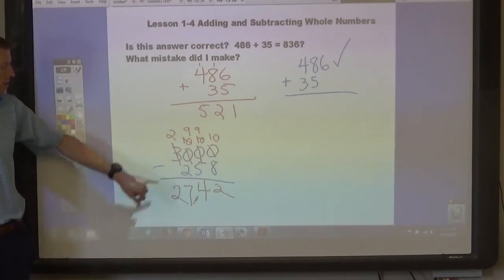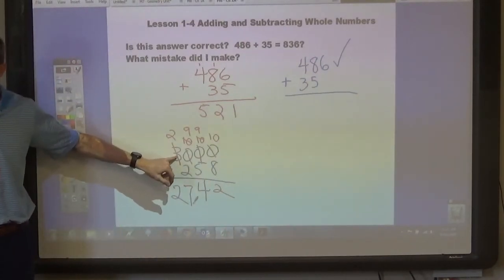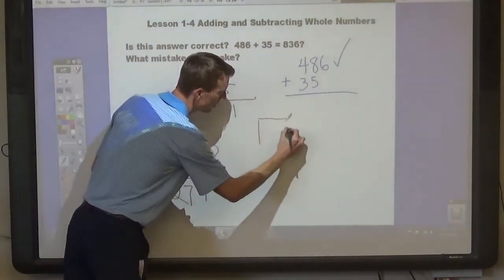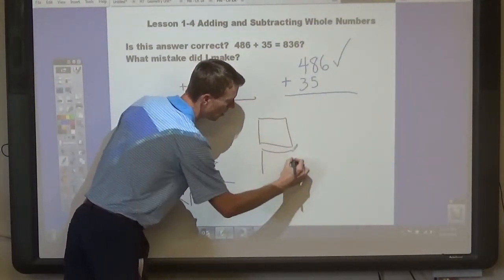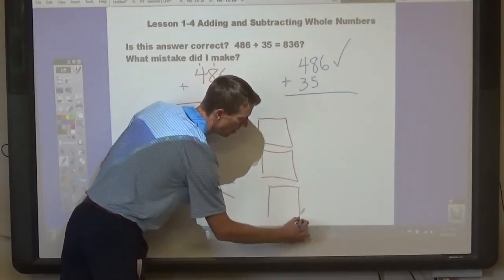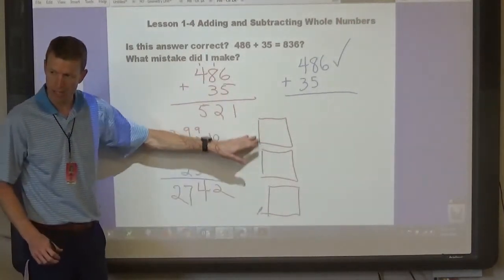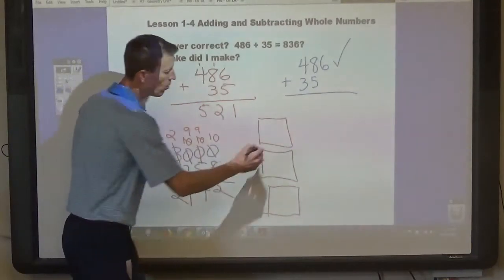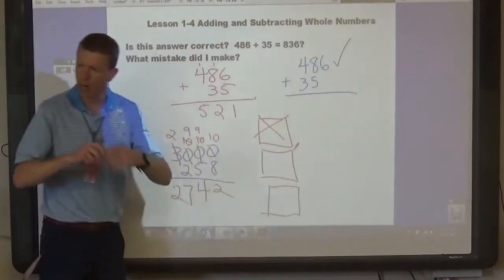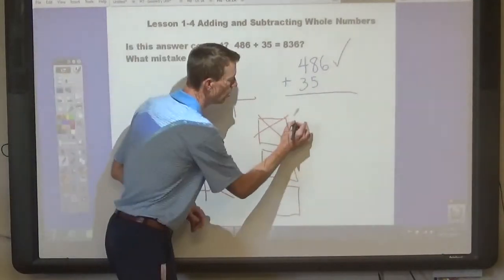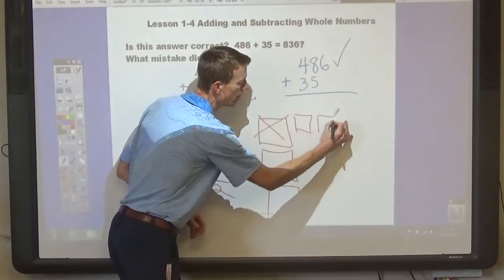We took one of these, so we took 1,000. Let's say that each of these squares represents 1,000. Okay, so we're starting with 3,000, and we take one of these and break it up into pieces. We break it up into hundreds.